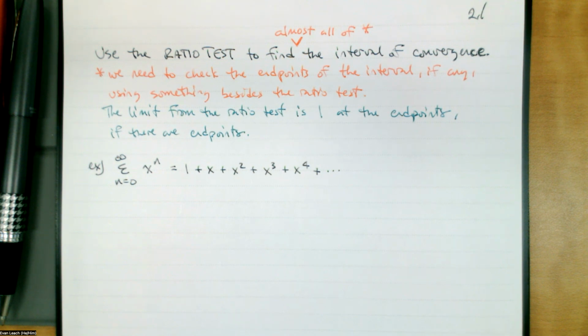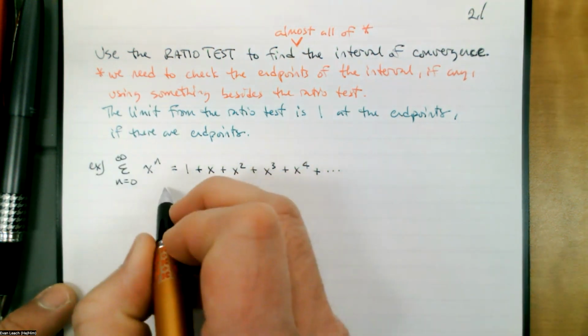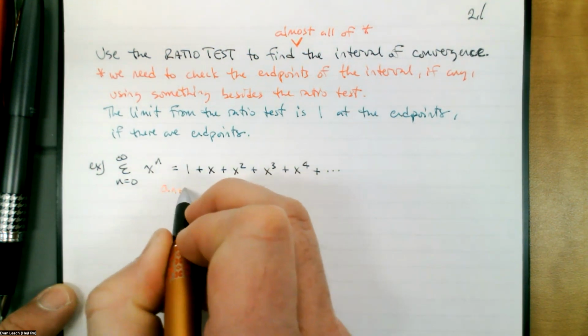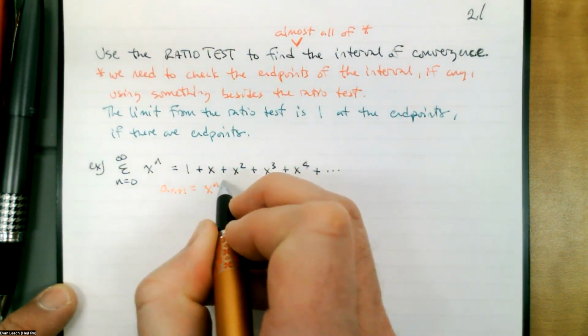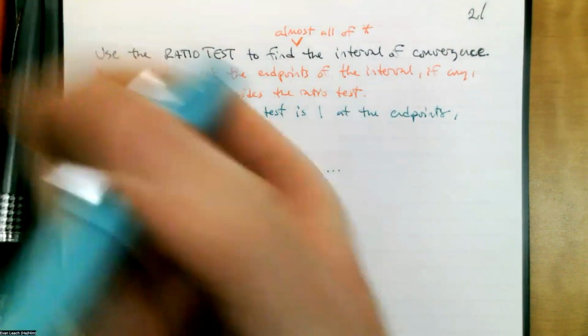Let's do a ratio test. The n plus first term is x to the n plus 1, and the nth term is x to the n.